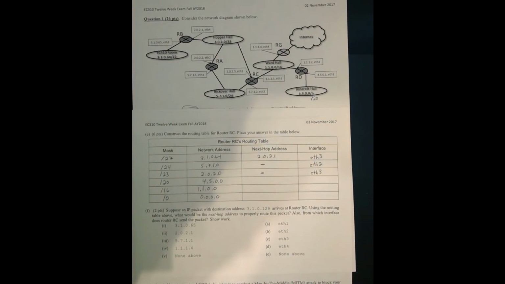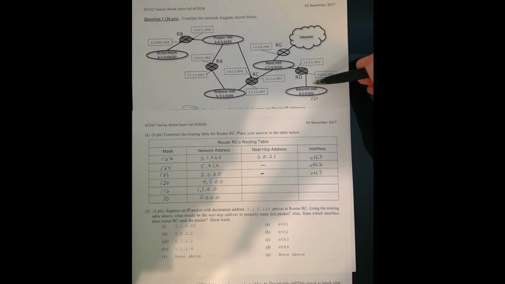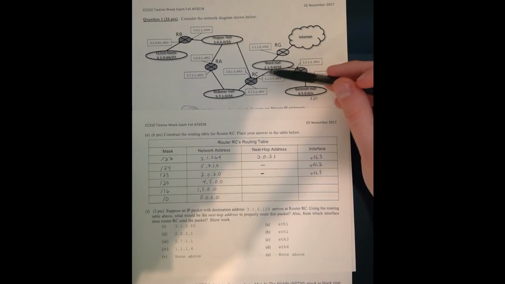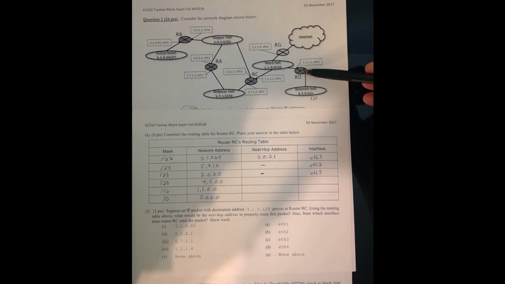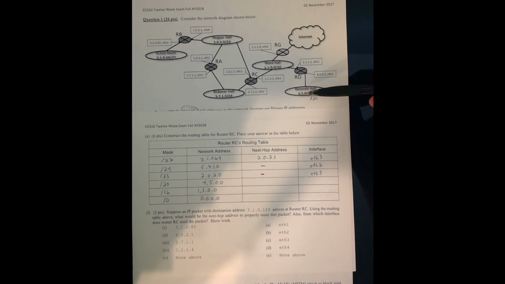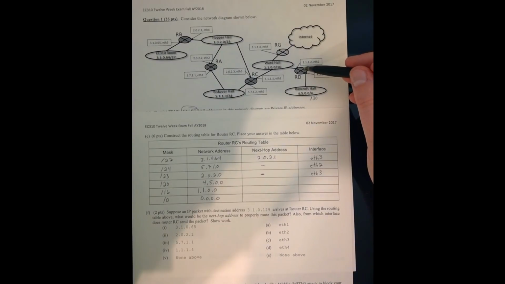Next up, 4.5.0.0, that's over here in Bancroft. In this case, there is a router in between our paths, so we go out of router C through Ward Hall, through router D, and then into Bancroft. So in this case, we need to find the address that we are going through router D at. That is 1.1.1.2.